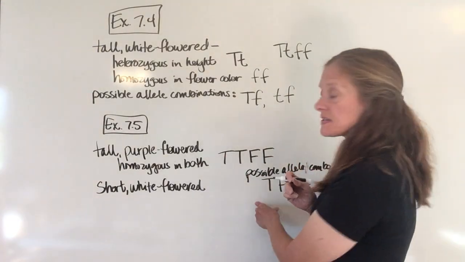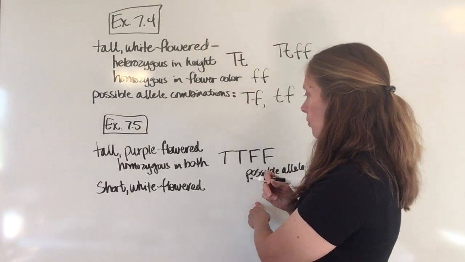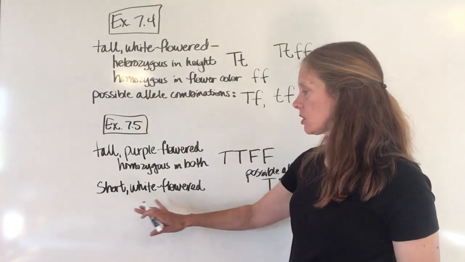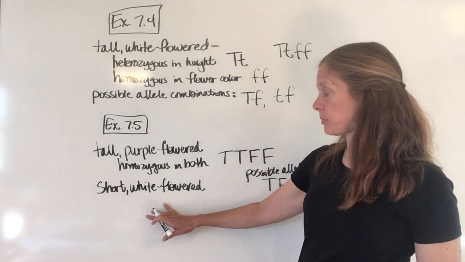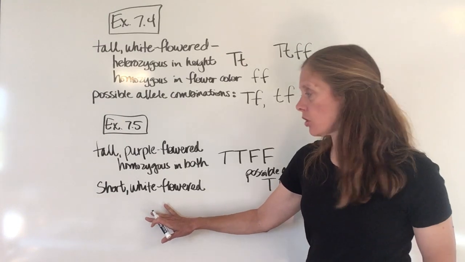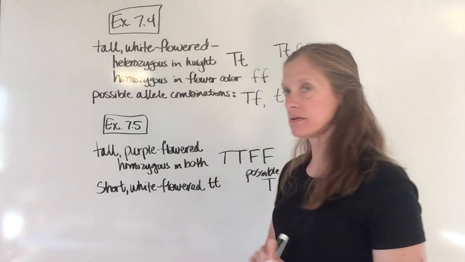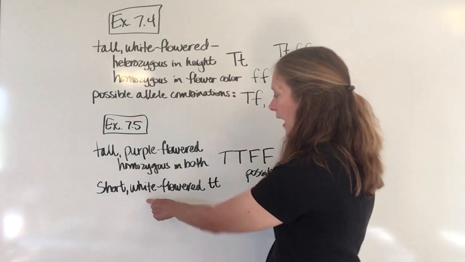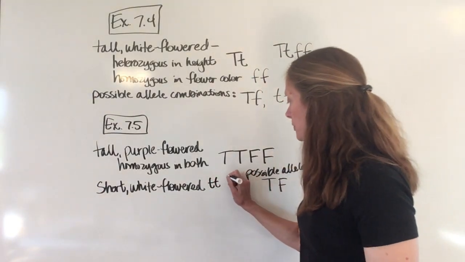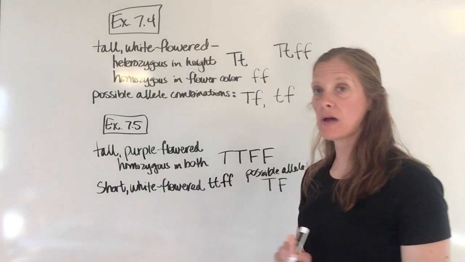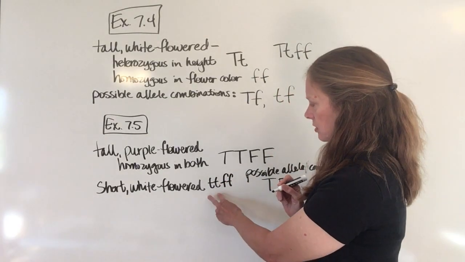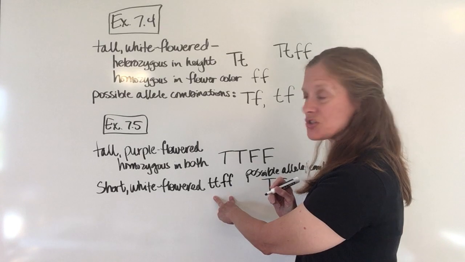Now, this is going to be crossed with a short white-flowered pea plant, okay? So if it's short, that means it's going to be little t. If it's white-flowered, then it's going to be little f. So what are the possible allele combinations for this plant?